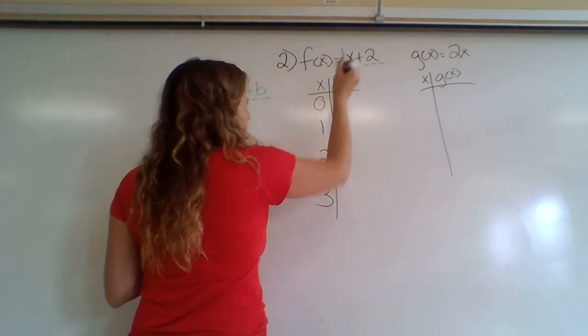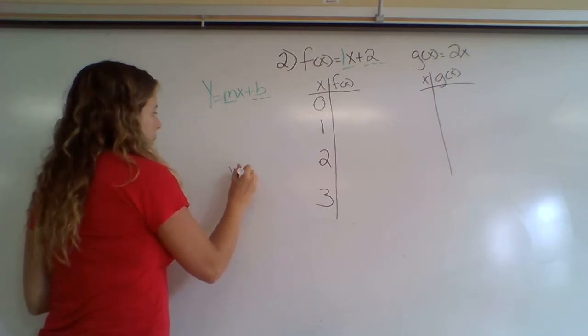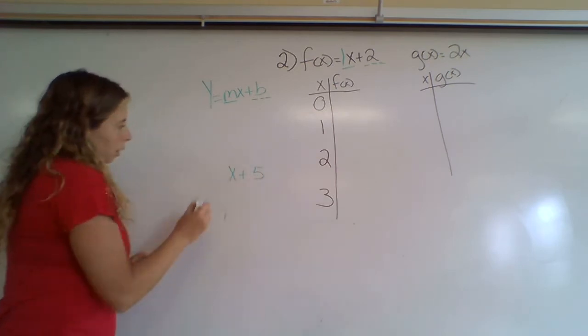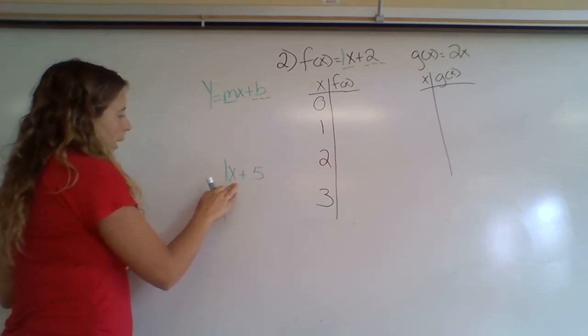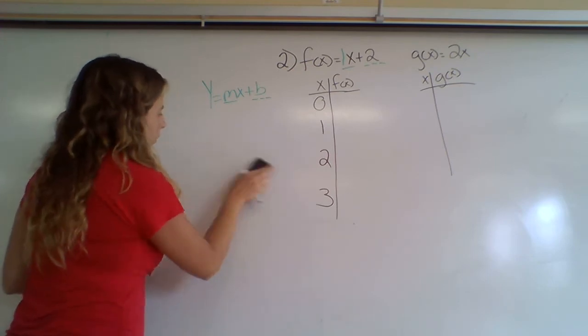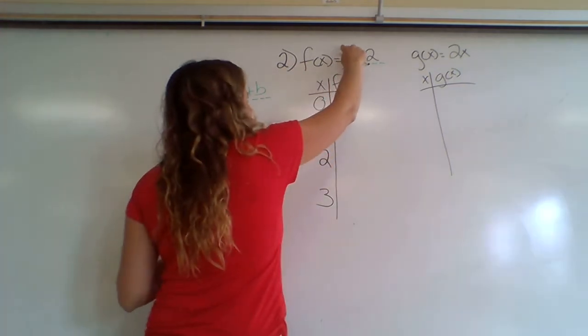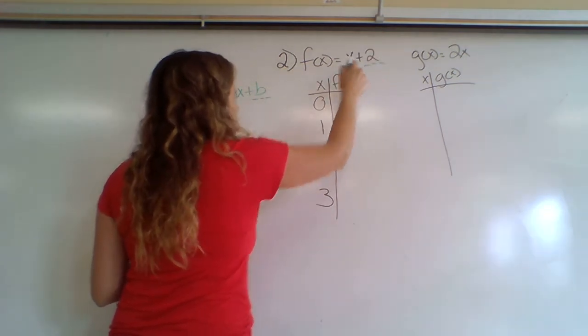There's an invisible 1 in front of the x. So if I had x plus 5, there's an invisible 1 right there. We just don't write it because 1 times x is just x.